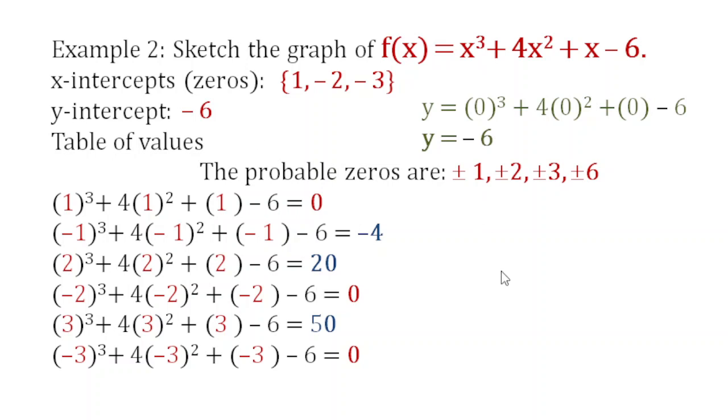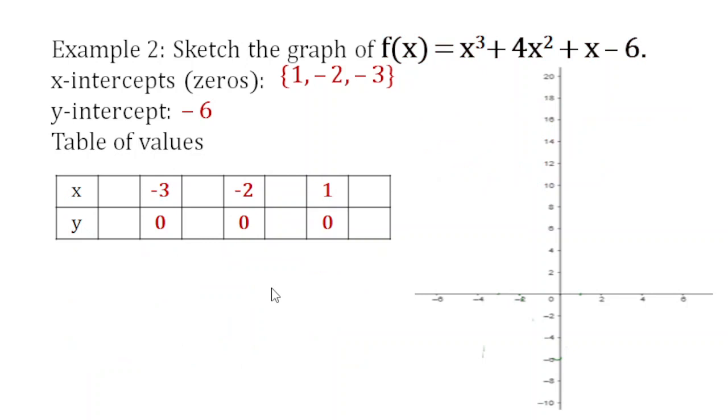Now we will set up our table of values. It will look like this. We arrange our zeros from left to right. So negative numbers come first, then the positive number. Notice here that I have spaces between the x-intercepts and also on the left of negative 3 and on the right of 1.